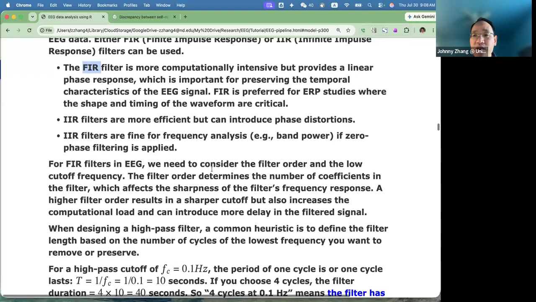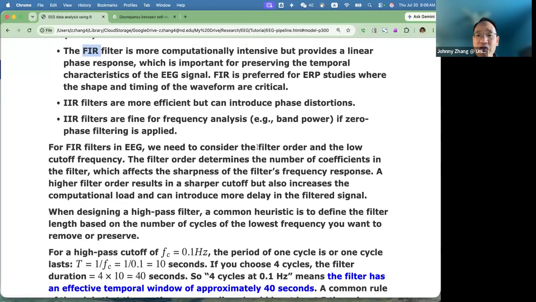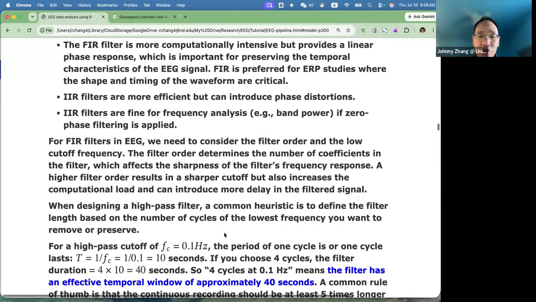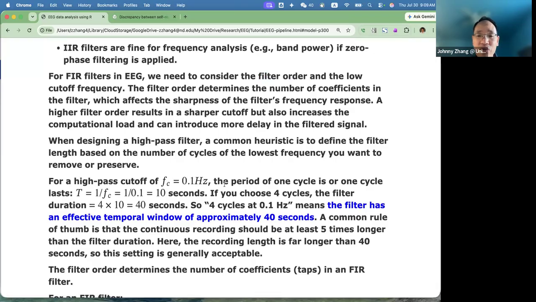To filter the data, we need to decide the filter order. This filter order can be decided automatically using an algorithm, but you can also calculate it, or set up the filter order by yourself. The general recommendation is to first define the filter based on the number of cycles you want to use.